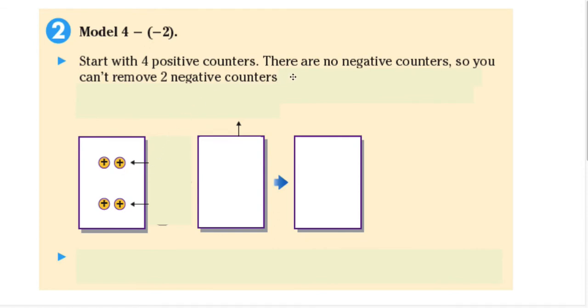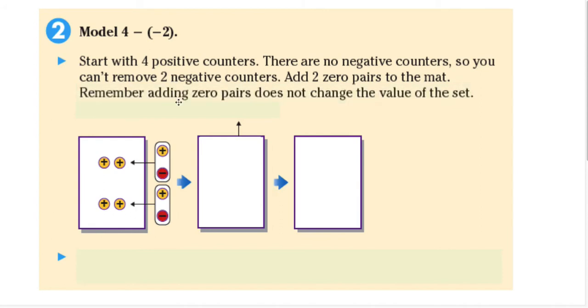The solution for this is that we need to add 2 zero pairs to the mat. Remember that adding zero pairs does not change the value of the set. It's just like adding 0 to a number does not change the number. We now have a total of 6 positive counters and 2 negative counters.